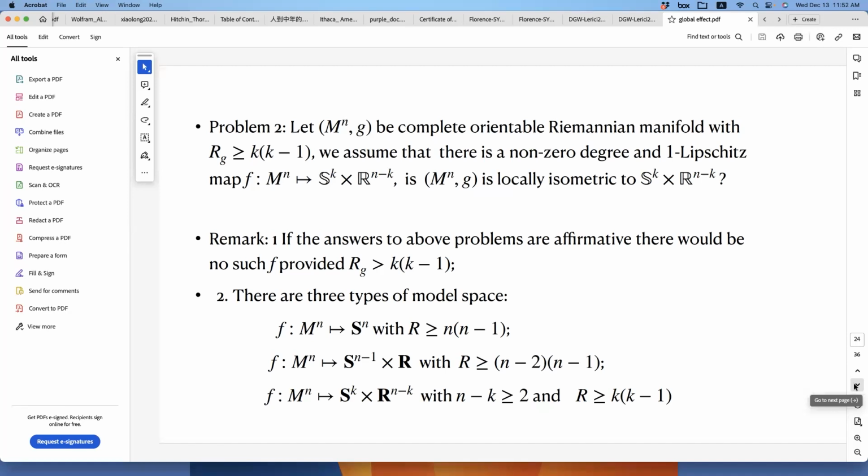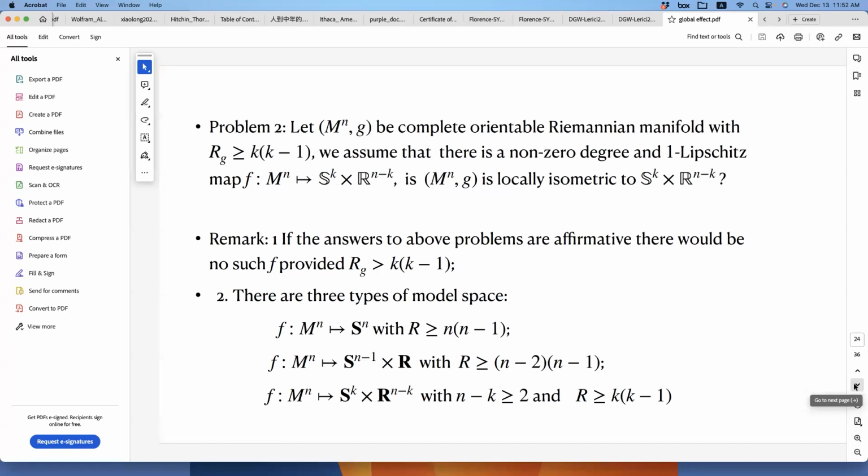The first one is the sphere S^n, where the scalar curvature is bigger than or equal to n times (n minus 1). The second one is S^(n-1), the n minus 1 dimensional standard sphere, times R, where R is the real line. The scalar curvature is bigger than zero.